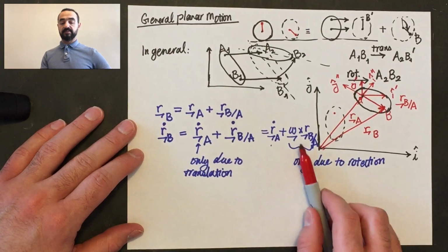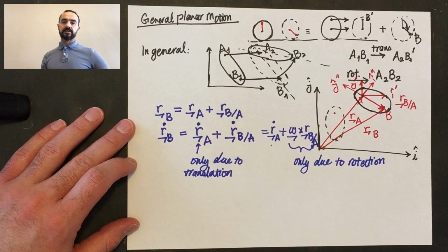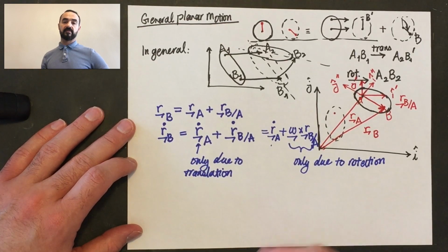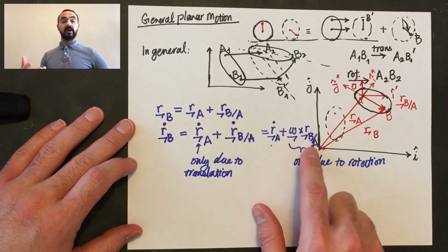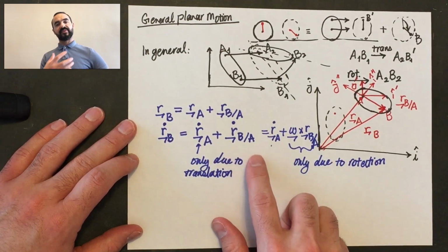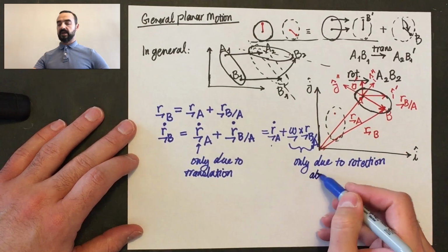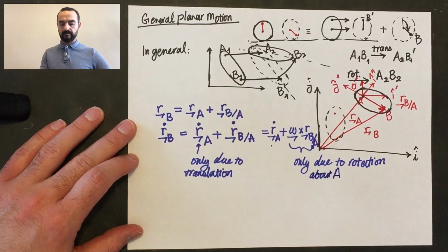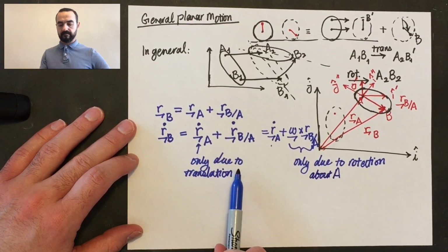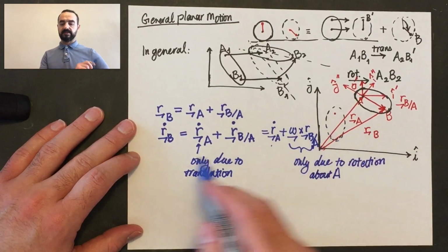And for that, R dot B with respect to A is going to be equal to omega, which describes the angular velocity of the rigid body, cross RB with respect to A. So if you go back to your lecture, the only thing you need to do is to replace your R with RB with respect to A, and you get this component which is only due to rotation about A. So the first component is only due to translation, and the second component is only due to rotation.